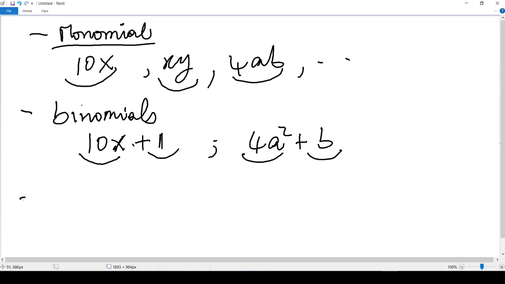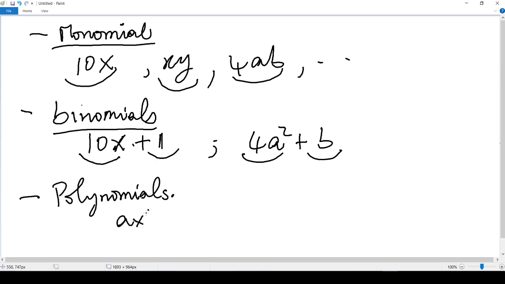The third one that we will see is polynomials. Here they have more than one term. A binomial is a polynomial, right? So more examples of polynomials, we can say ax squared plus bx plus c.